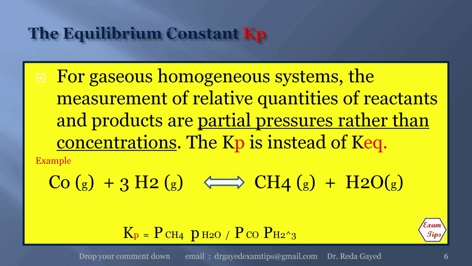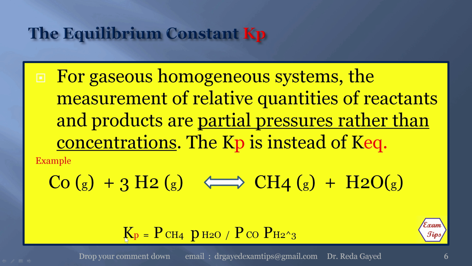The same situation, same equation, everything is the same, but the difference is that we consider partial pressure instead of concentration. And here is an example: carbon monoxide gas plus hydrogen gas produce methane, CH4, and water gas. Gas here means steam, so it is not liquid. You have to consider this, very important.